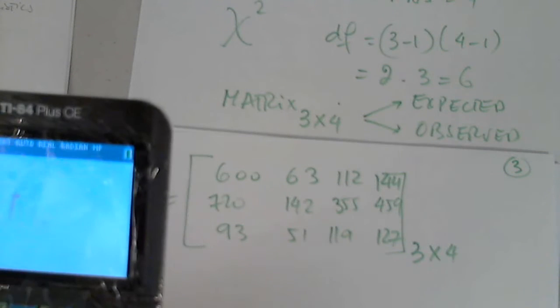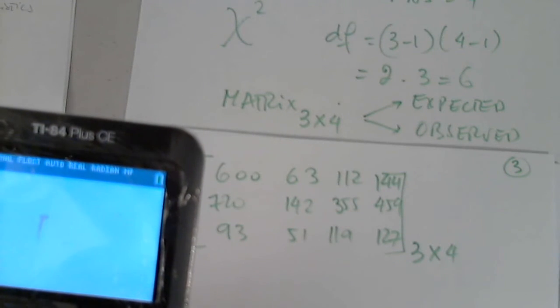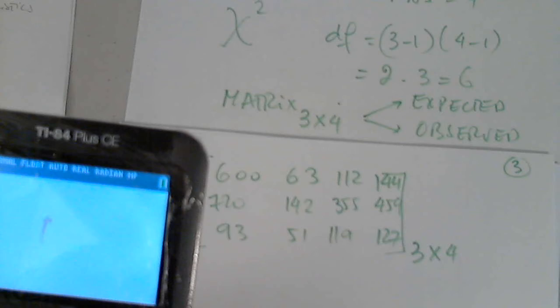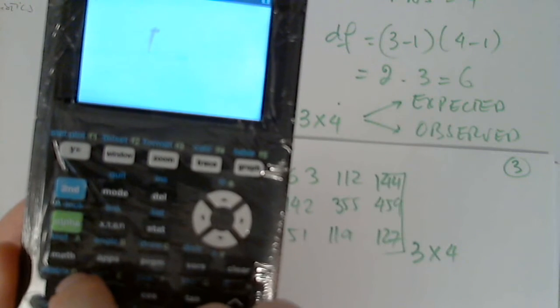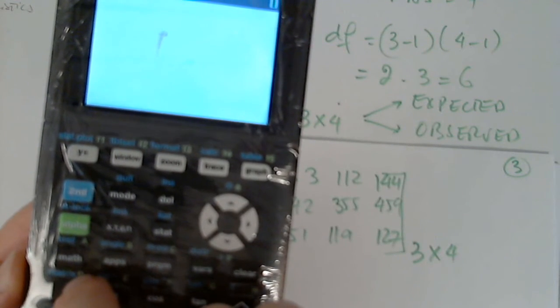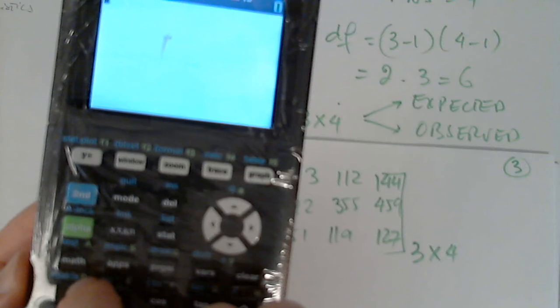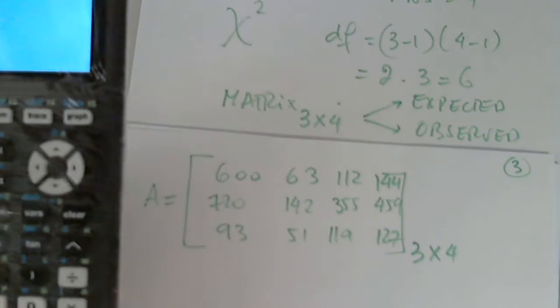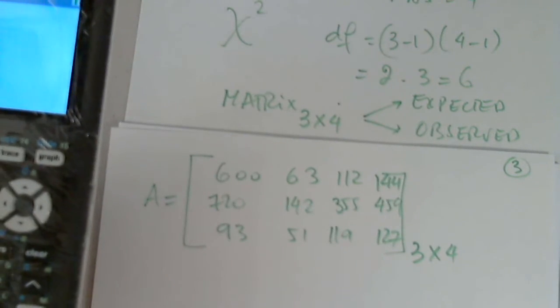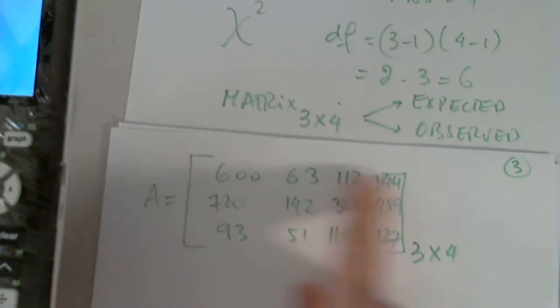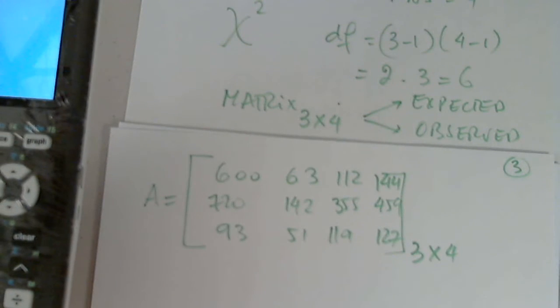Is anyone working with me on this? I missed how to set it up on the calculator. So second matrix. Enter a 3 by 4. And enter the information by rows.